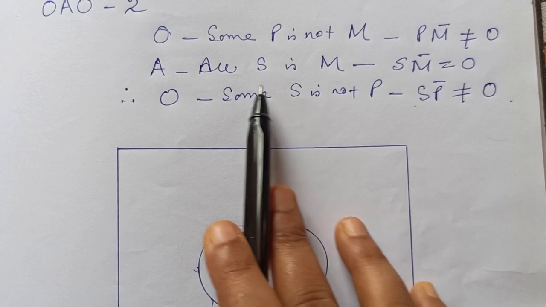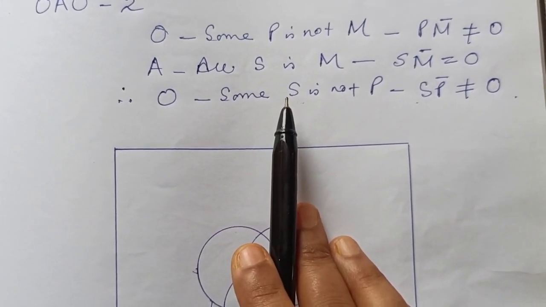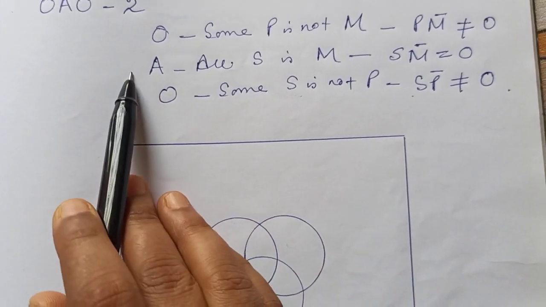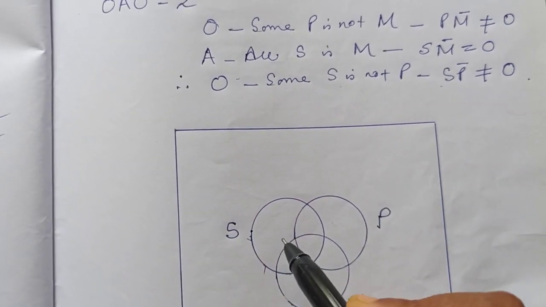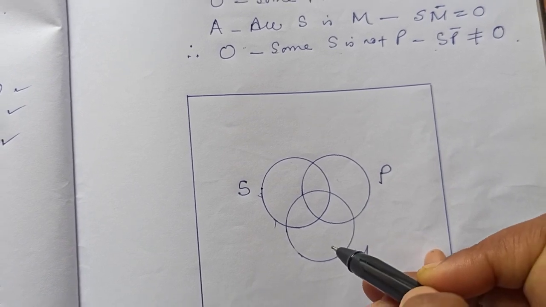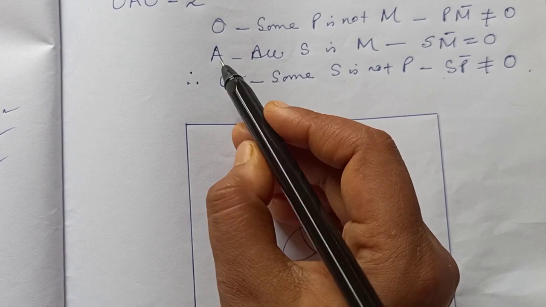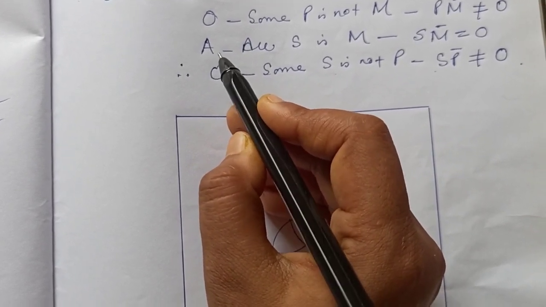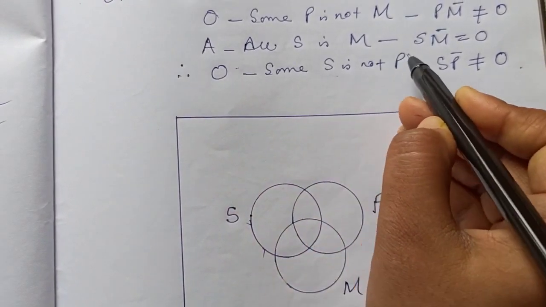As per the first rule, we have to diagram the universal premise first. We have a universal premise, that is the minor premise. This circle represents the minor term, this circle represents the major term, and this circle represents the middle term. As per the rule of the Venn diagram, we diagram the universal premise first.